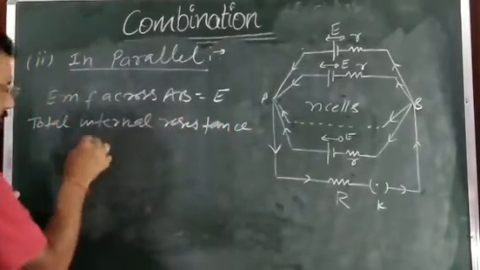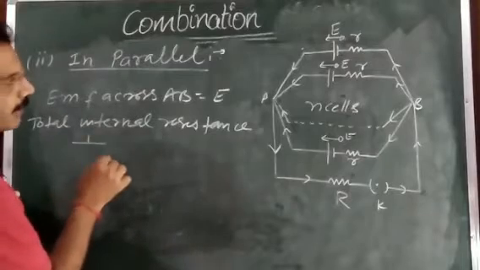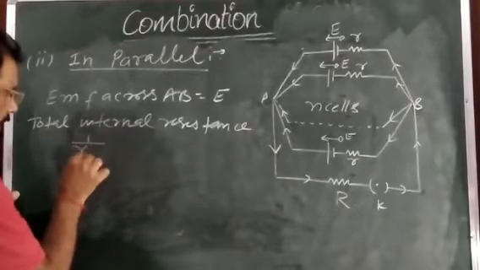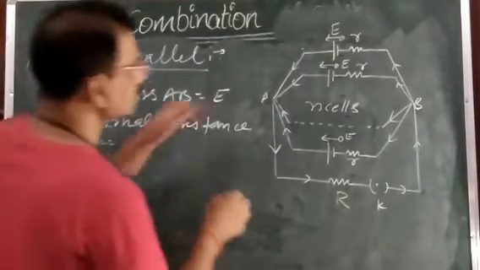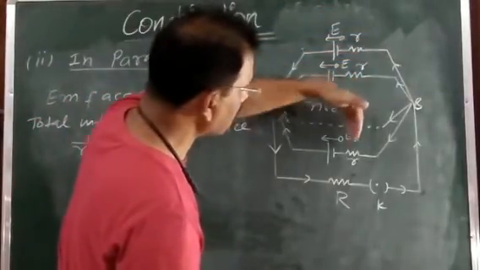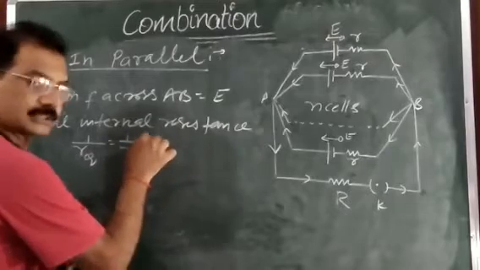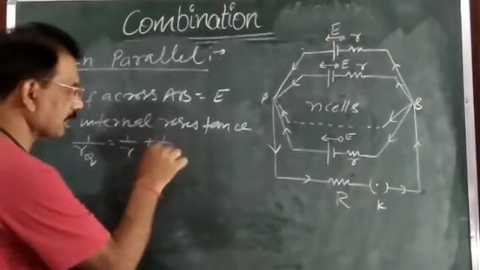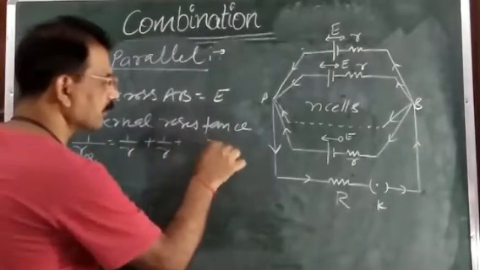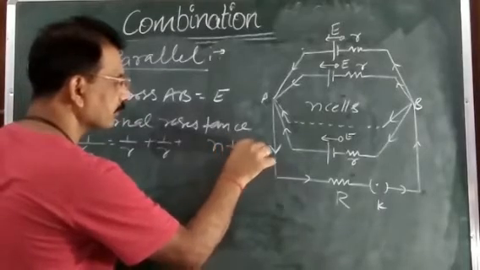Total internal resistance: 1 upon R equivalent. Since all these are joined in parallel, we can write 1 upon R plus 1 upon R plus, how many times? N times.